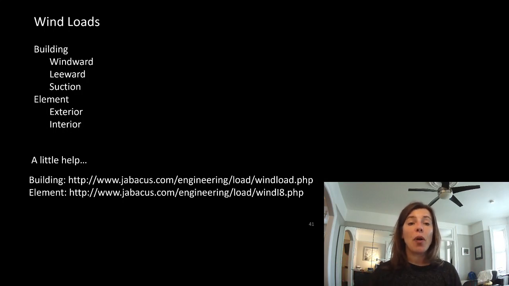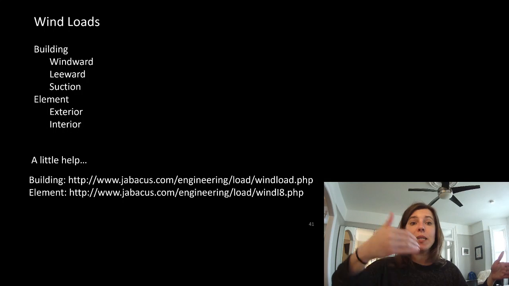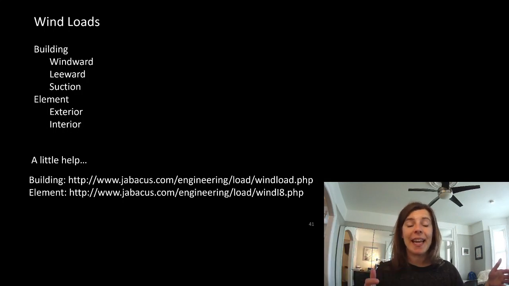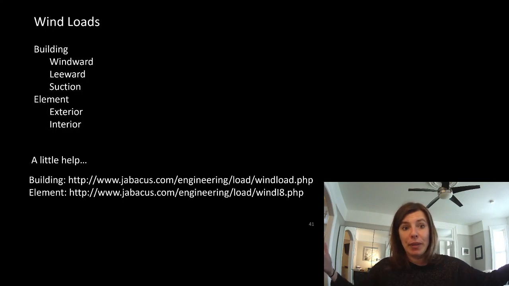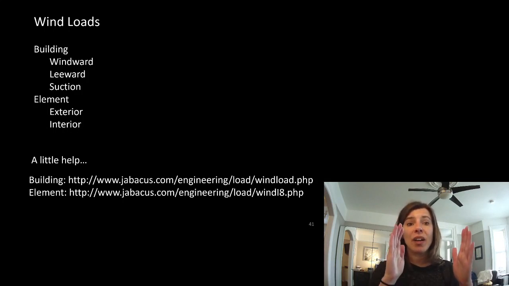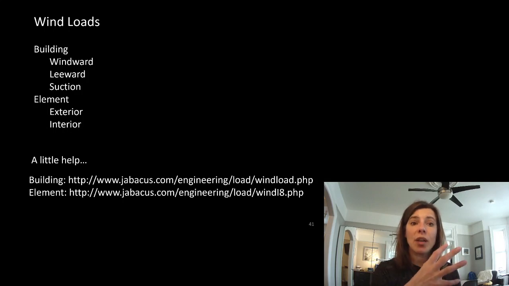What we do for a building, there might be spots where there are those gusts hitting it, but it's kind of averaged out over the bigness of the building, if you want to think about it that way. But a single window in that building is like you standing there when that gust hits you. So that window needs to be designed for that singular gust on just it.